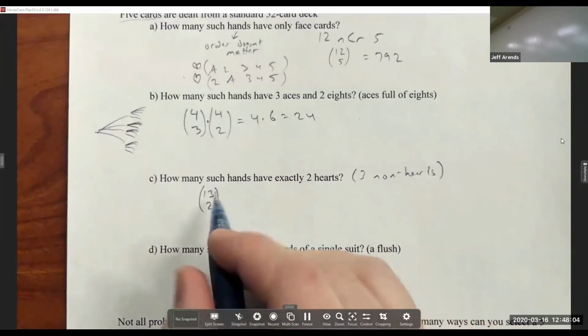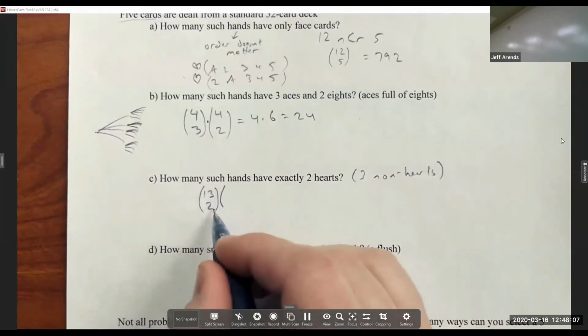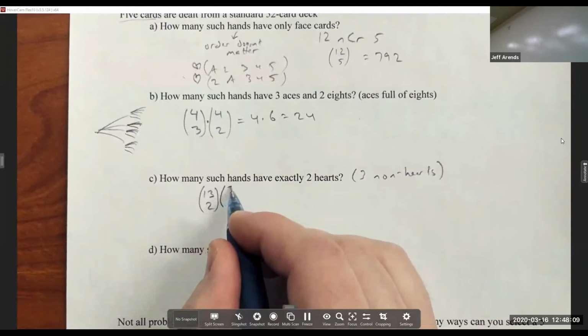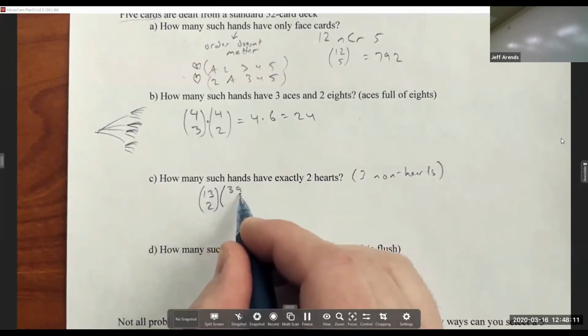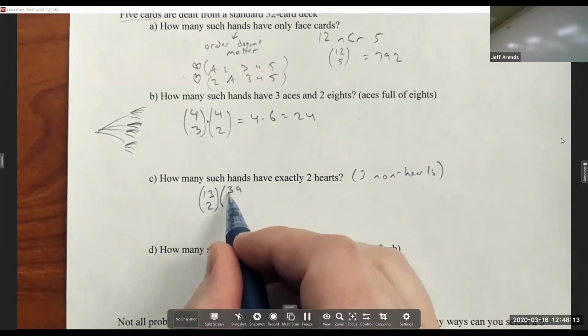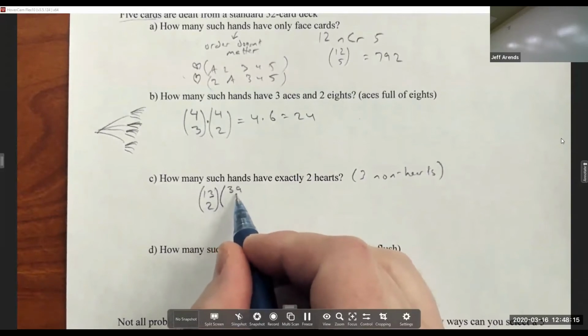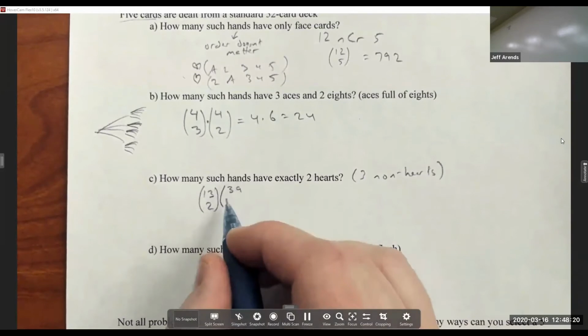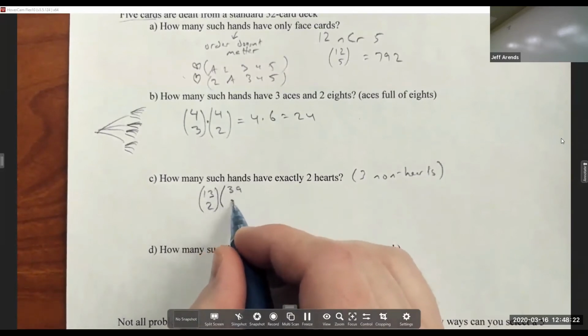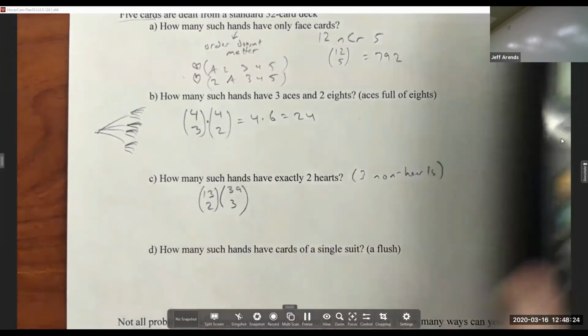That is not telling the full story. We also need to talk about the non-heart cards. There are 39 non-heart cards, 3 times 13, the remaining 3 suits, or you could say that's 52 minus 13, however you want to get to that 39. So from the 39 remaining cards, you have 3.